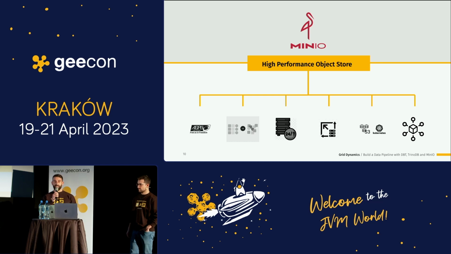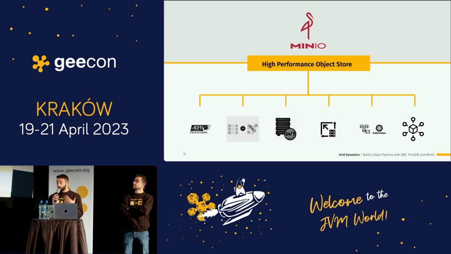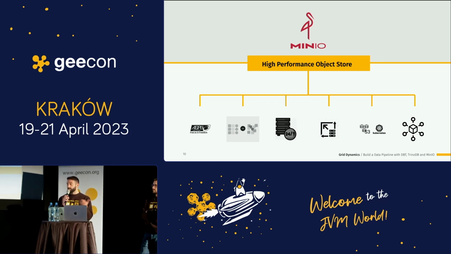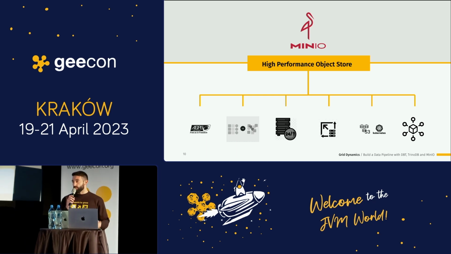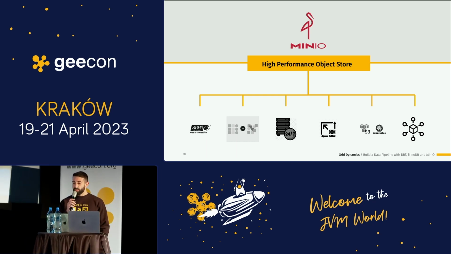Is it okay now? Okay. So as I was saying, object store is a computer data storage that manages data as objects, as in the name, as opposed to other storage architectures, like for example file systems, which manage data as file hierarchies, or block storages, which manage data as blocks. So in our case, MinIO is where we ingest all our data. They will be stored there. So that's why it's in our pipeline.